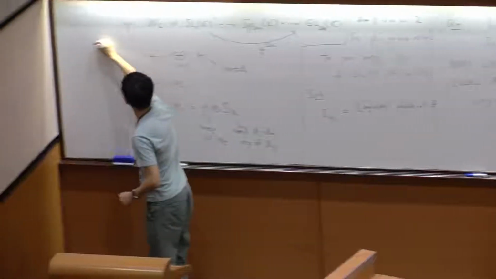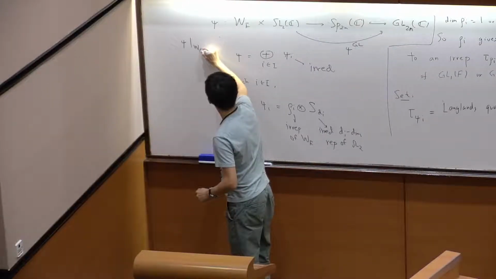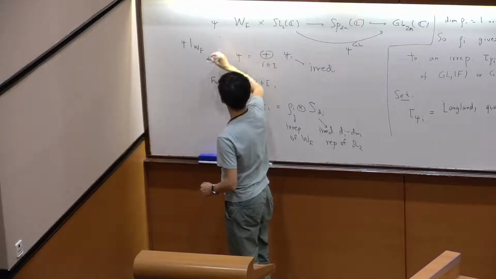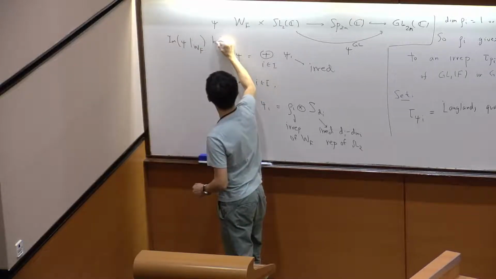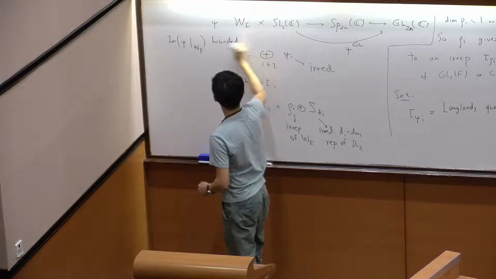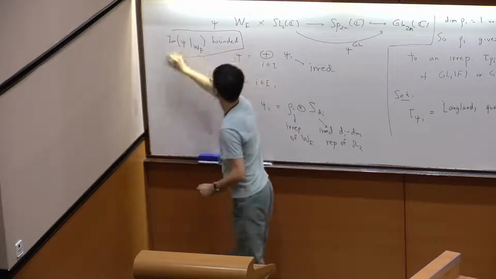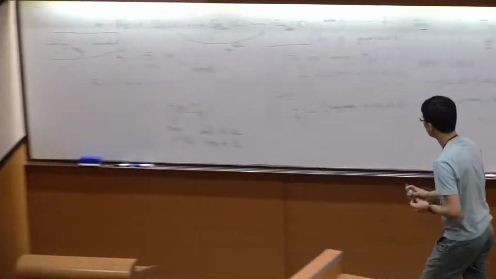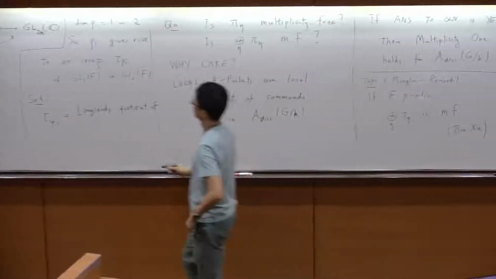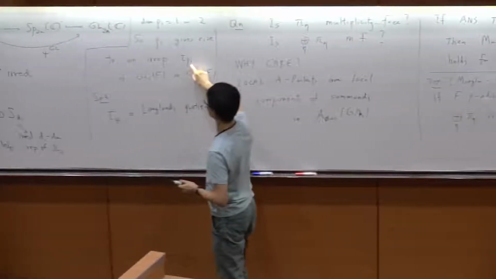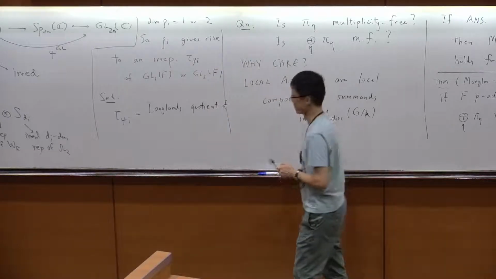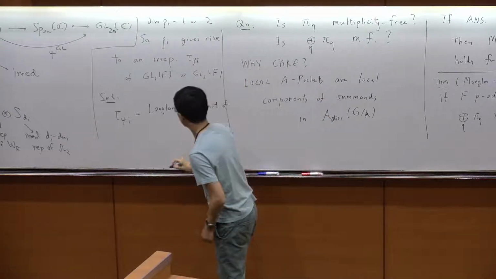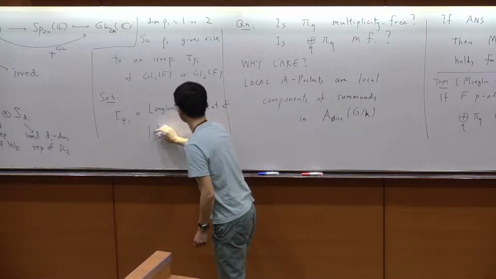One of the conditions is that the restriction to the Weil group, the image, is bounded. So as a result, this representation is actually a tempered representation. Anyhow, we're going to look at the Langlands quotient.